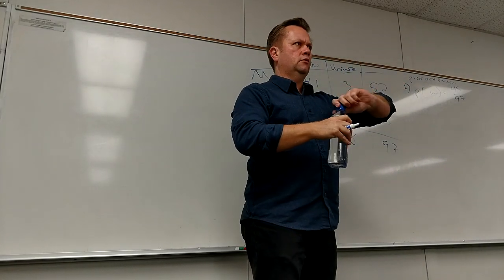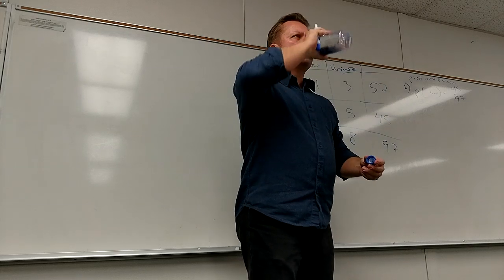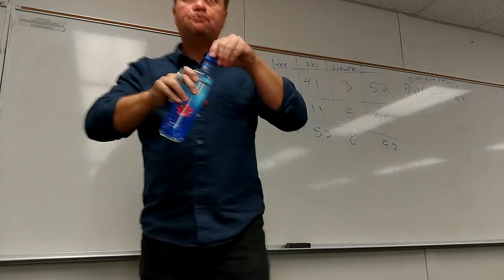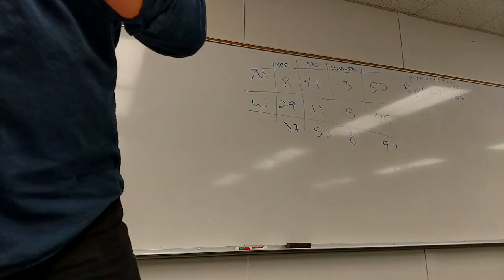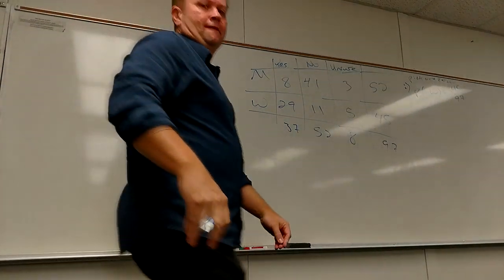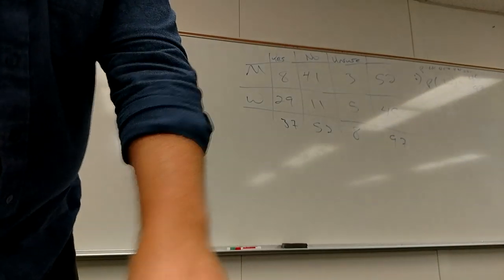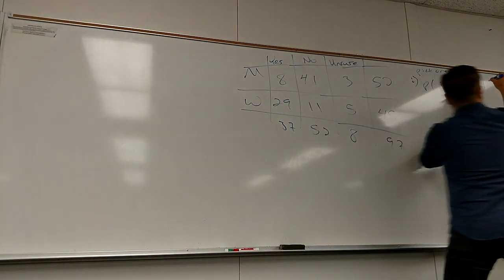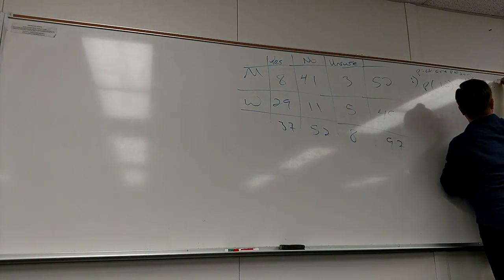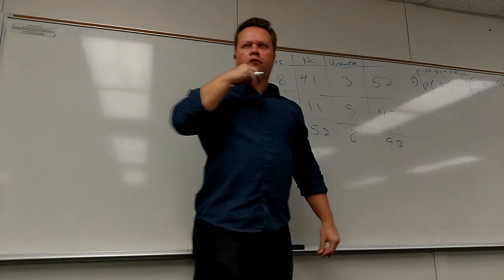And what is that? Looking for women out of the whole group. What's 45 divided by 97? About 46%. Give me 4 places. 46.3918%. 4639? Okay, hopefully rounded correctly.